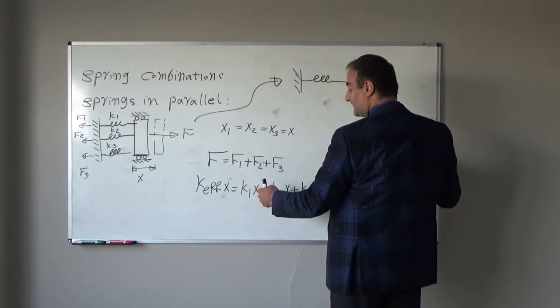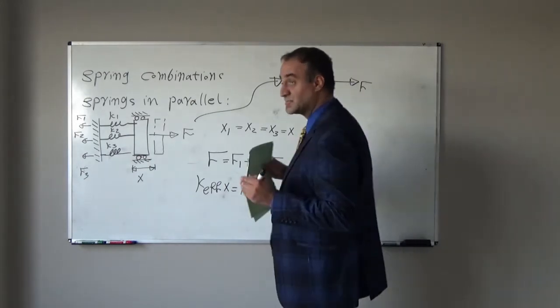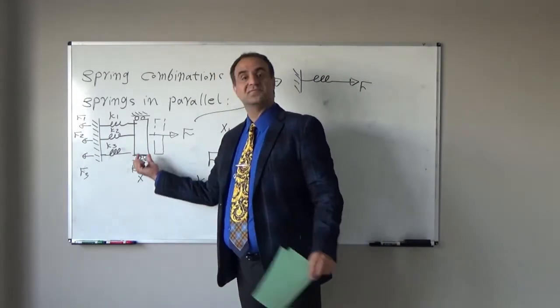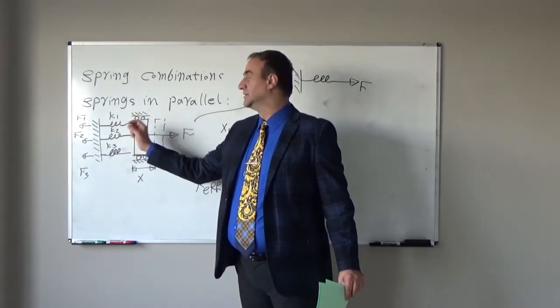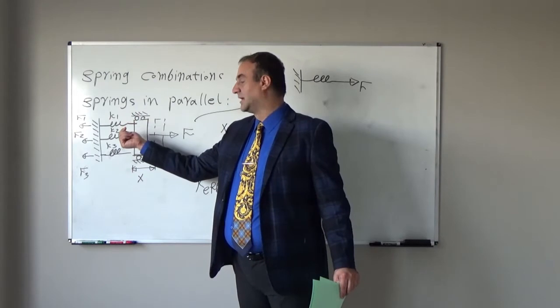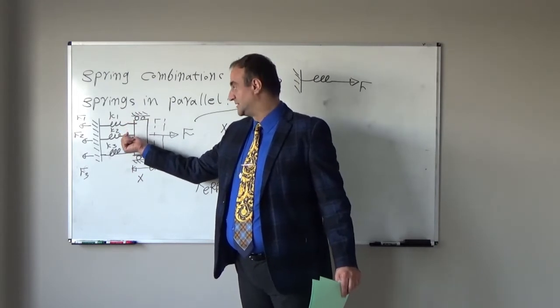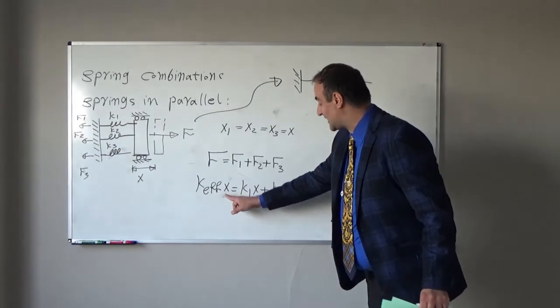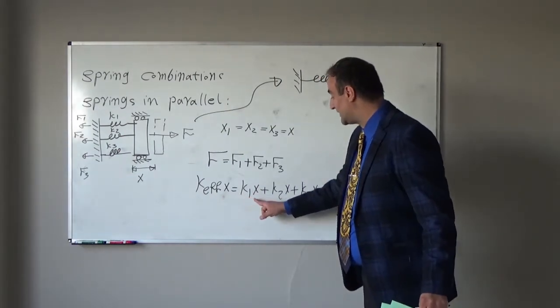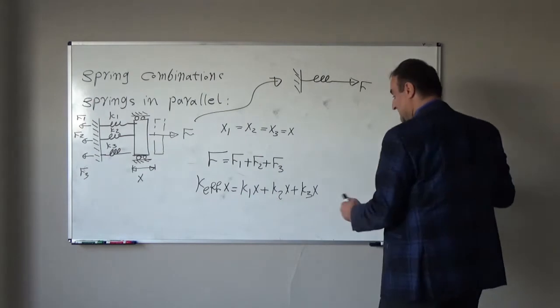The reason all of them have X, not X1, X2, X3, is because the deformation for each one is equal, they move together. So deformation for spring 1 is equal to deformation in spring 2 is equal to deformation in spring 3. So K effective times X is equal to K1X plus K2X plus K3X.